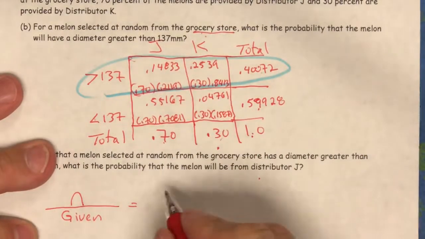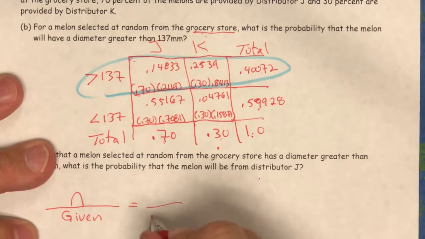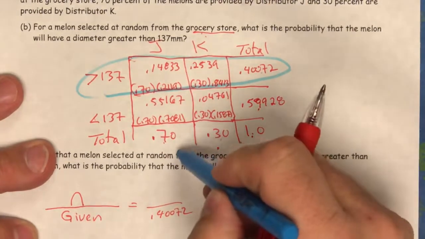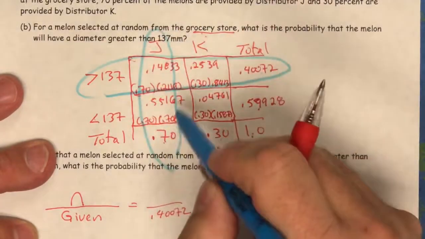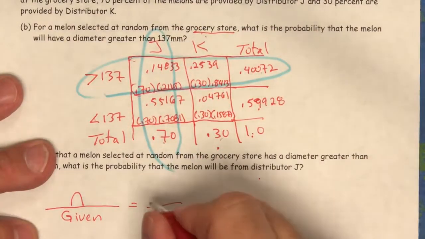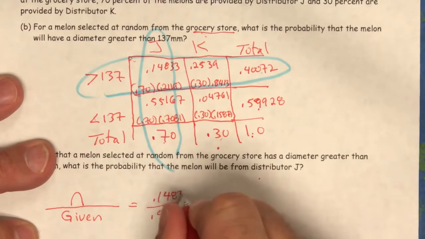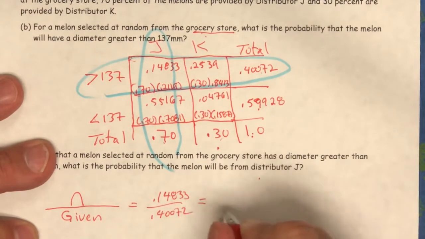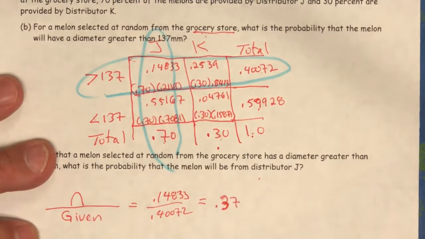So I know that 0.40072 is going in the denominator. And then my intersection from J, oh, it's 0.14833, because that's where the two intersect. That's in the numerator. When I divide that out, that equals 0.37. So that would be my probability.